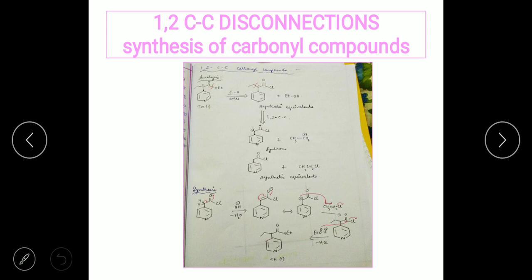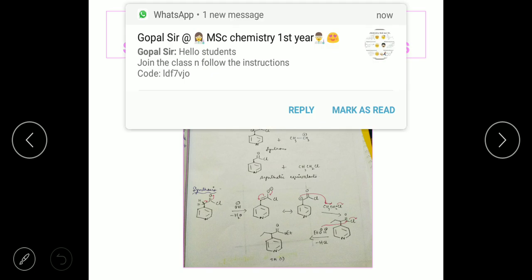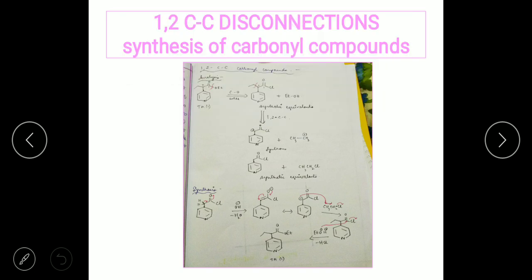So for the first example, we have an ester. Whenever you see an ester, it is always a very suitable disconnection, as you get two synthetic equivalents: an alcohol and an acid chloride, or it can also be a carboxylic acid.